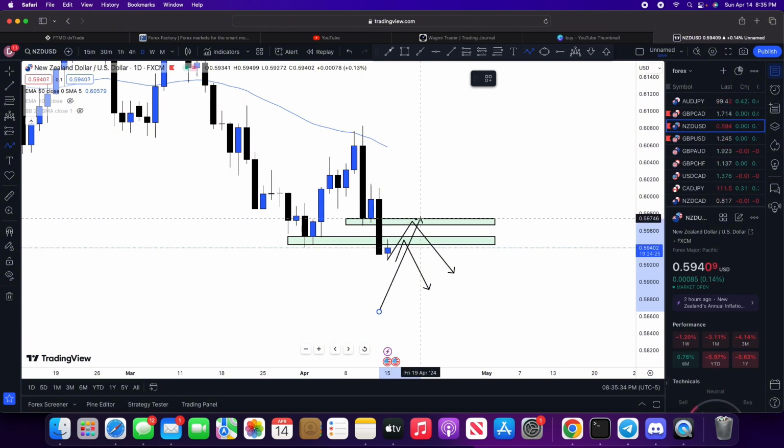If price starts rejecting at this level, I'll be more than happy to take the short to the downside again. But remember, I'm anticipating where we can start rejecting from. It doesn't have to be this certain area. It could be this level, or up here, or down here, or right in the middle, and then we can start rejecting to the downside.